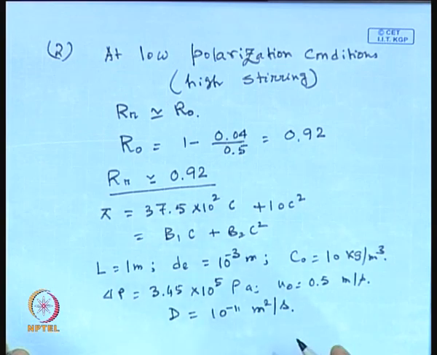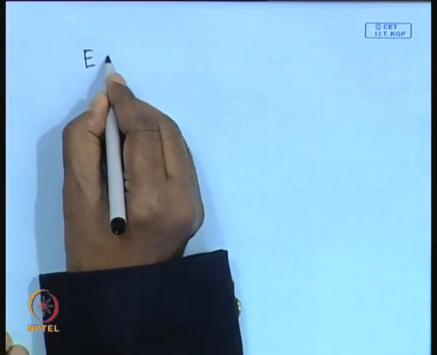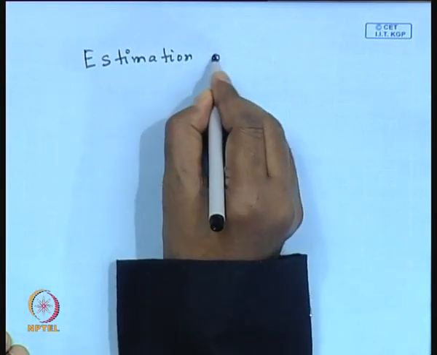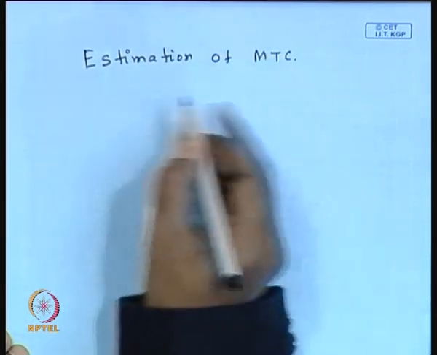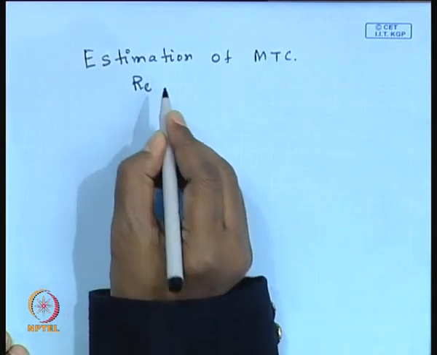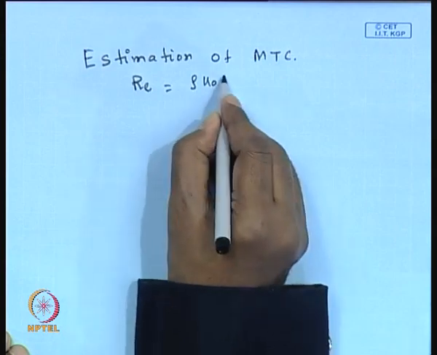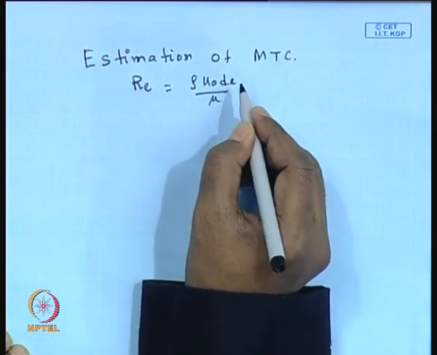Now you will be using the film theory equation, but before doing that one has to estimate the mass transfer coefficient. The first step of estimating the mass transfer coefficient is to calculate the Reynolds number, rho u0 d by mu.